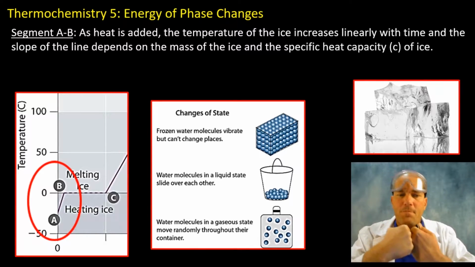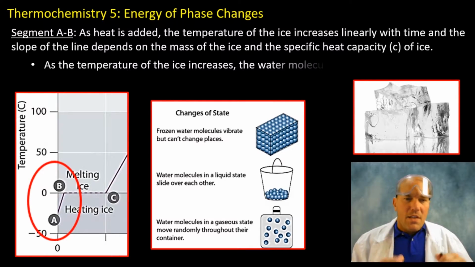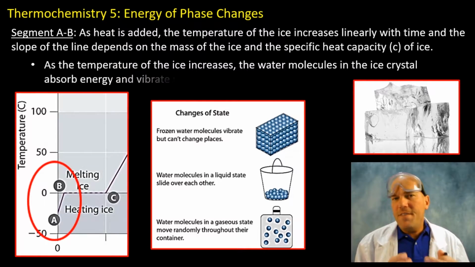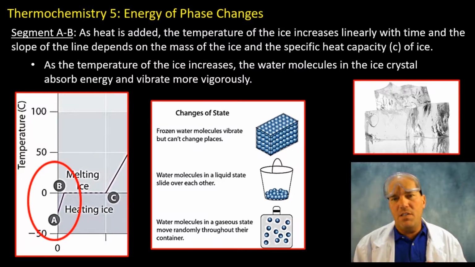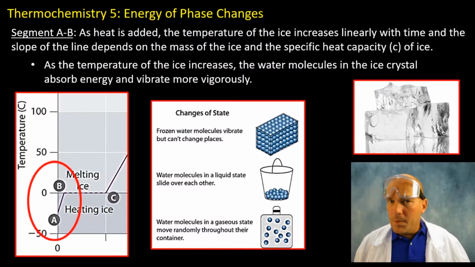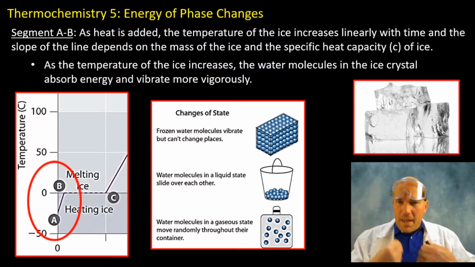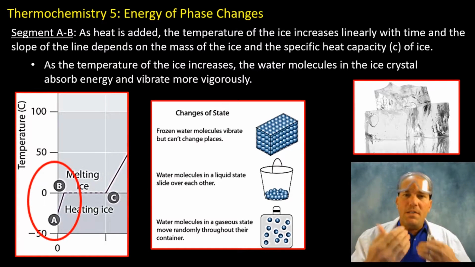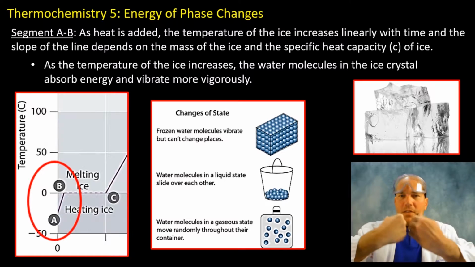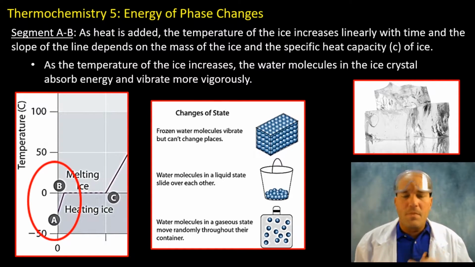They're simply vibrating. However, as the temperature of the ice increases, water molecules in the structure are absorbing heat energy and begin to vibrate more vigorously. So as heat continues to be put into the system, these molecules continue to vibrate more and more.